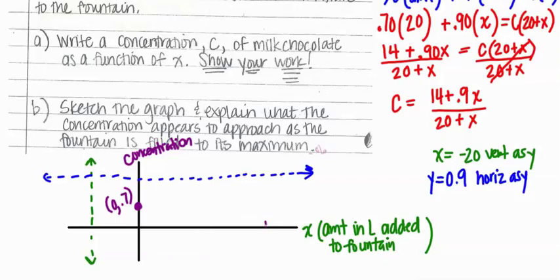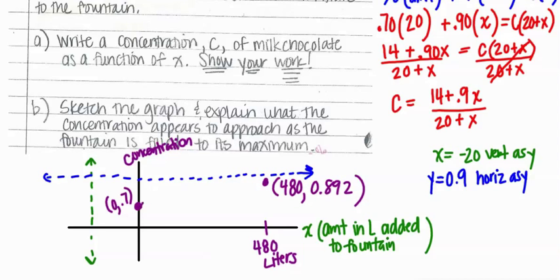I can add as much as 480 liters because remember, it has a 500-liter capacity and it already has 20 liters in it, so I can add 480 liters. If I put 480 liters into my calculator, I would get 0.892.